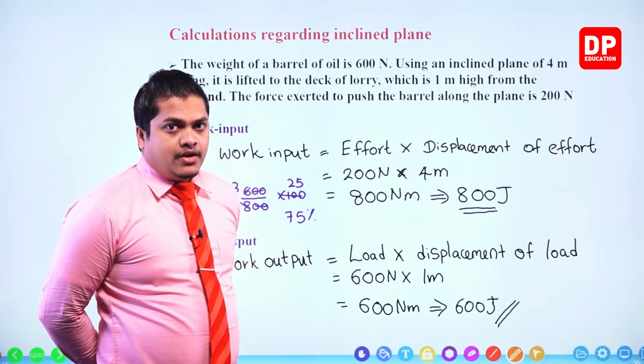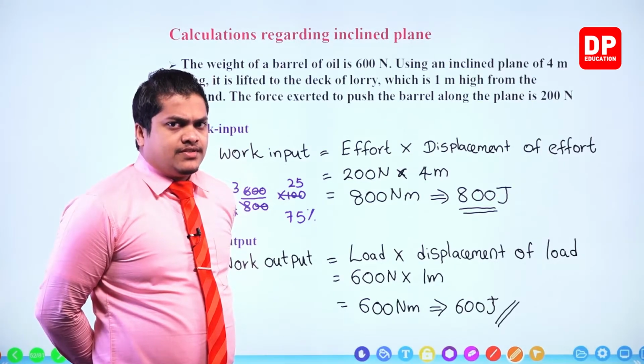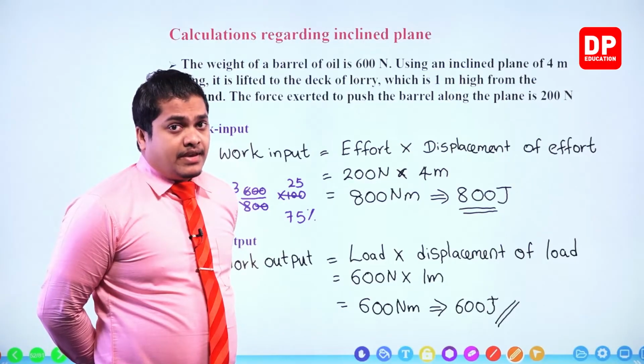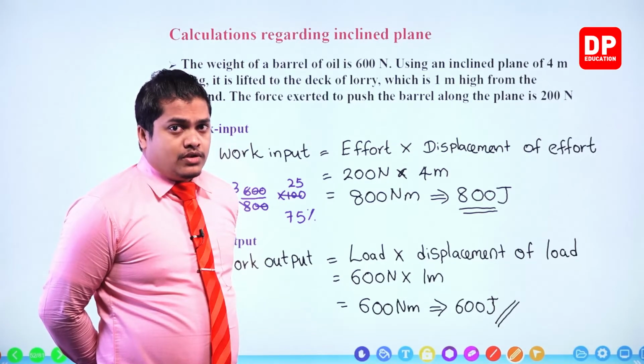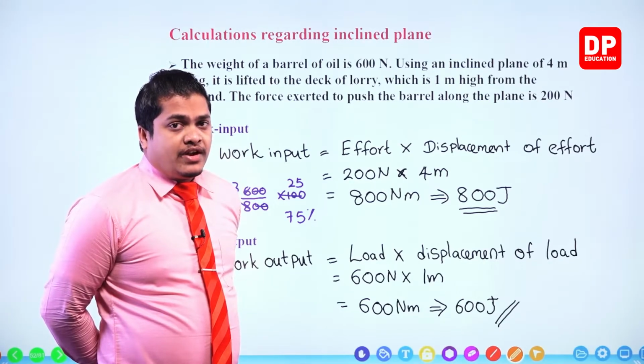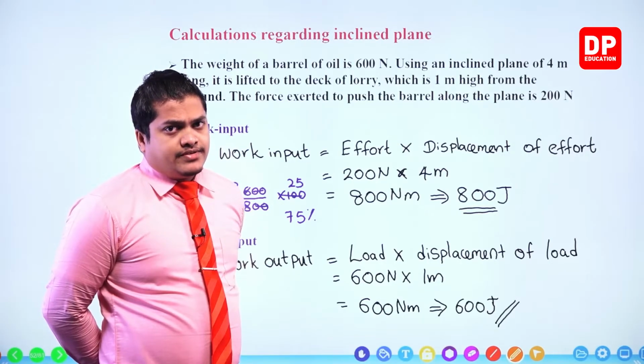That's why I told you that you can find the efficiency by using the mechanical advantage and the velocity ratio: when you divide those two and multiply by 100, you get the efficiency.